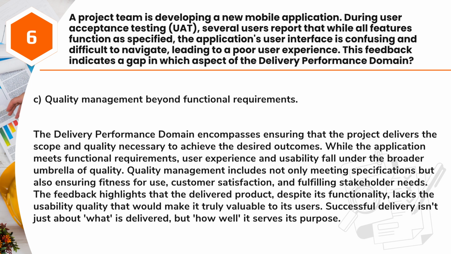Quality management includes not only meeting specifications but also ensuring fitness for use, customer satisfaction, and fulfilling stakeholder needs. The feedback highlights that the delivered product, despite its functionality, lacks the usability quality that would make it truly valuable to its users. Successful delivery isn't just about what is delivered, but how well it serves its purpose.